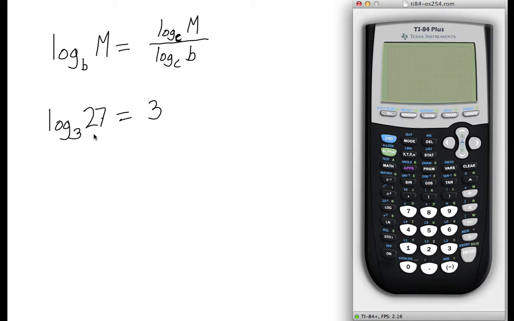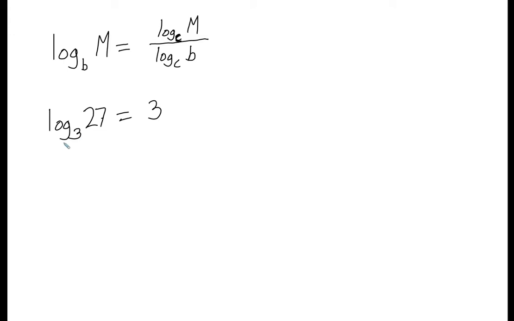Here's what our calculator will tell us to do. Our calculator's going to say, I should take the log base 10 of 27. Remember, we're trying to do the log base 3 of 27. I'm going to take the log base 10 of 27, and I'm going to divide it by the log base 10 of 3.